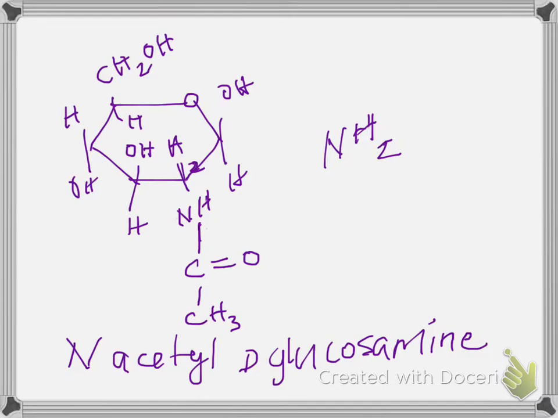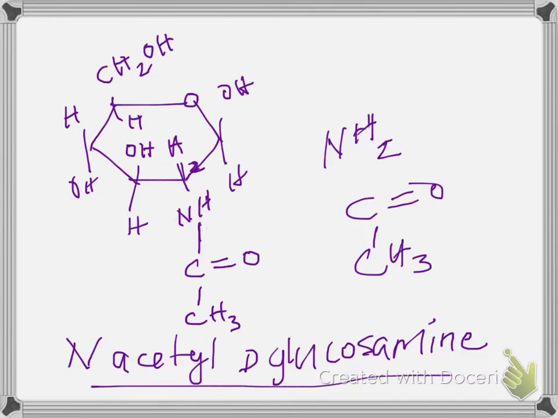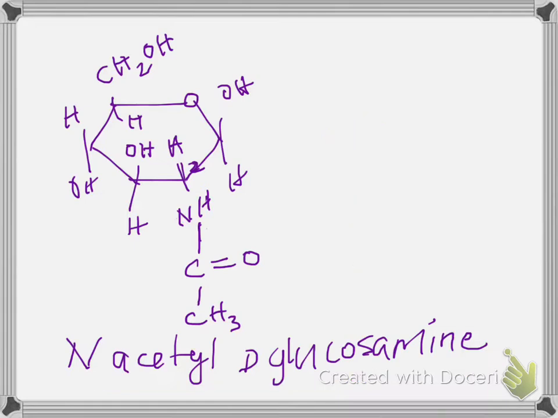With the removal of one hydrogen from here and adding one acetyl group, C double bond O CH3, that will be N-acetyl D-glucosamine. Chitin is a polymer of this N-acetyl D-glucosamine.